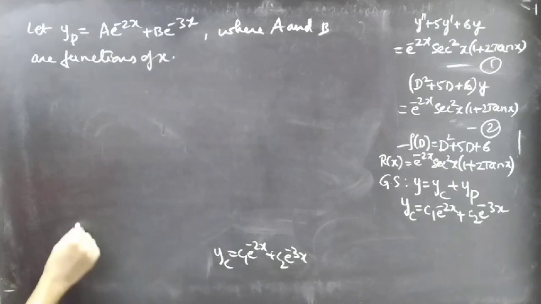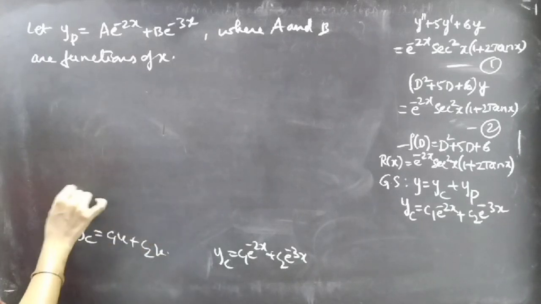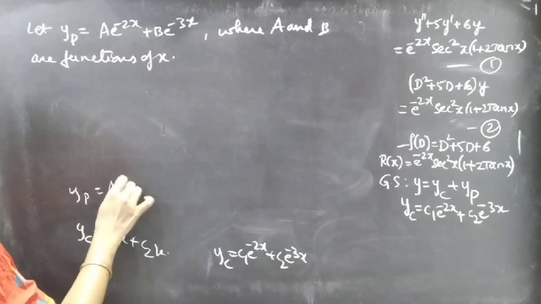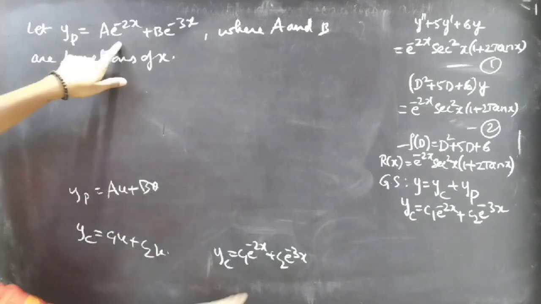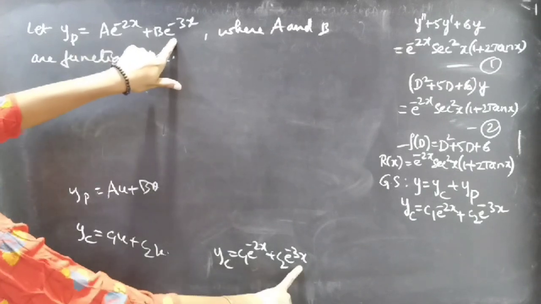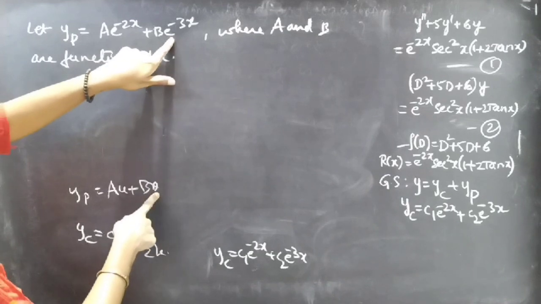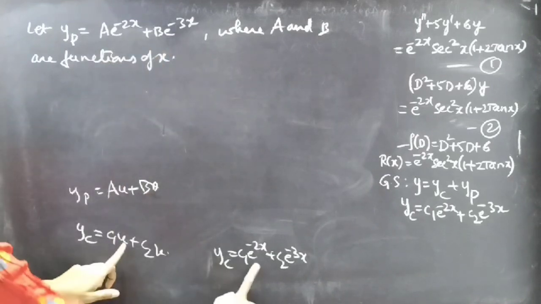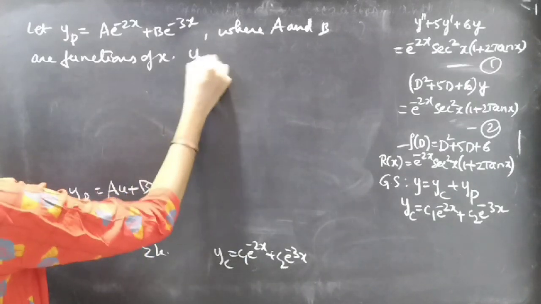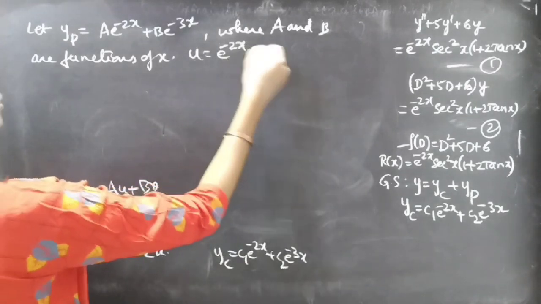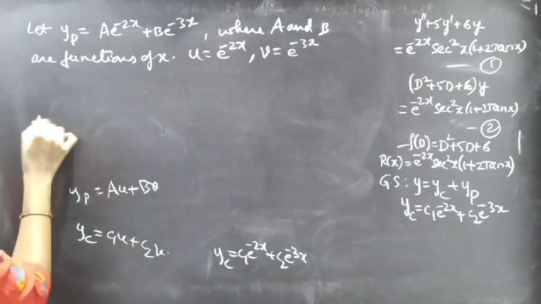Also, we can compare yc with c1u plus c2v, or yp with au plus bv, so that we'll get u and v, where u is e power minus 2x and v is e power minus 3x. We'll find a and b using formulae.